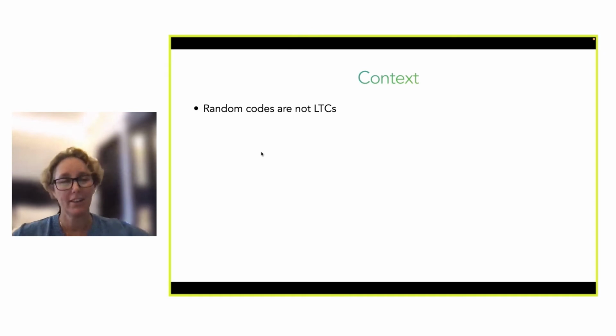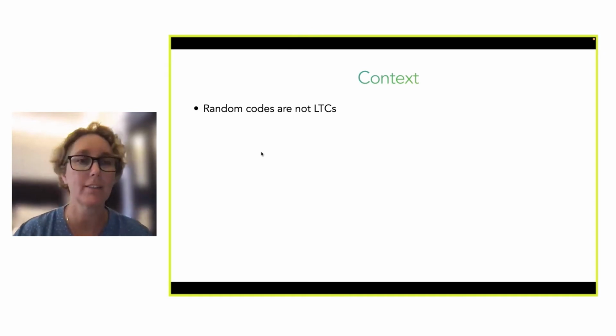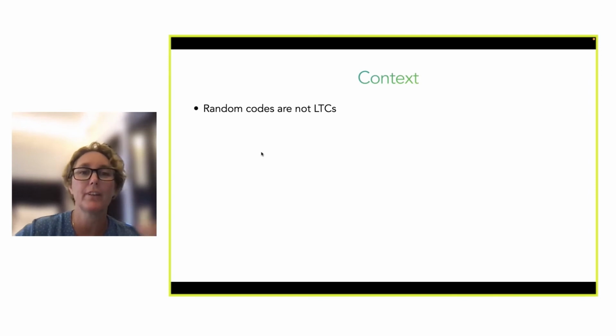So, putting this back in context, Shannon invented information theory, and he came up with these error correcting codes. He looked at random codes, which are in some sense always our model code. Random codes are by no means locally testable, and coming from this direction of coding theory, you would never come up with the idea of locally testable codes because you don't see them existing anywhere.